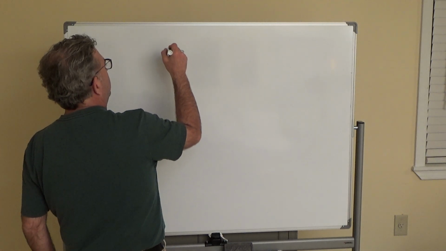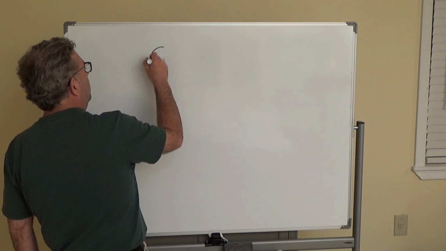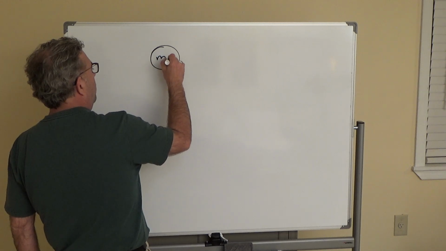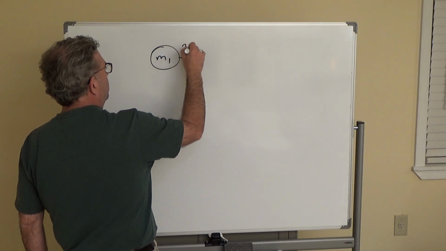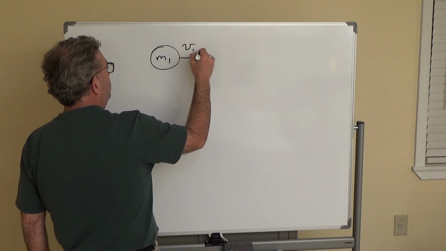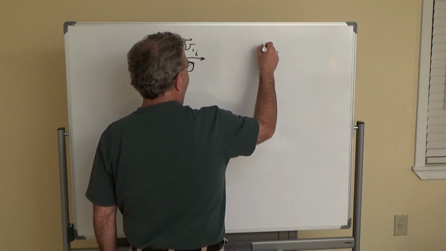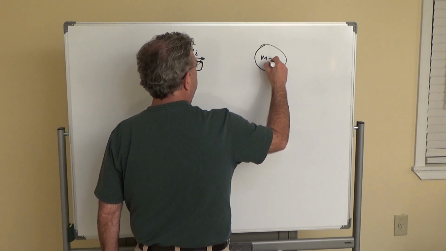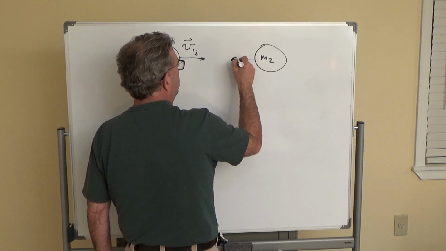Okay? Let's say that you have two objects, M1, here's V1 initial, and M2, here's V2 initial.